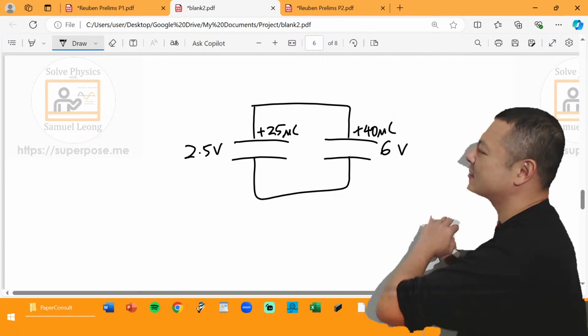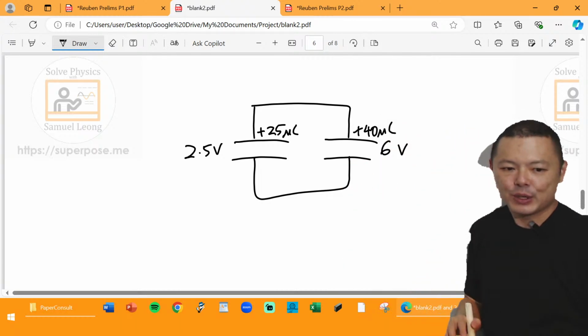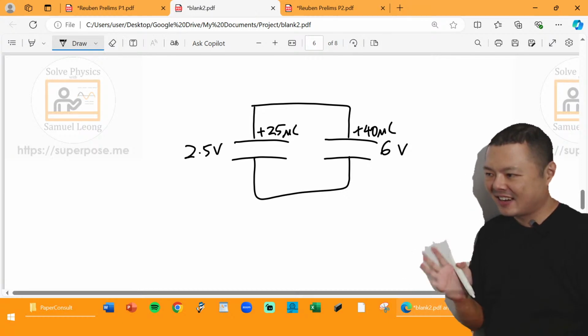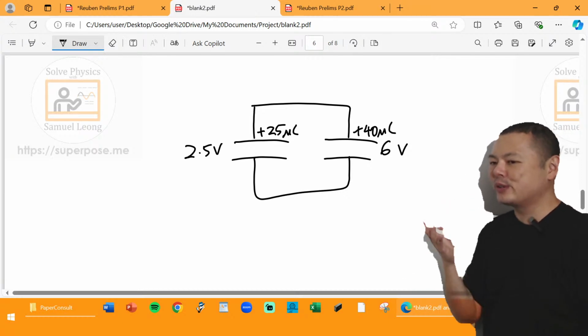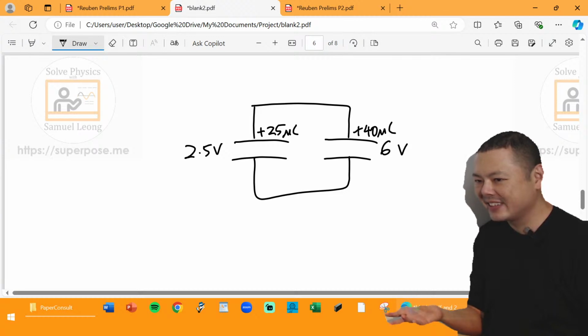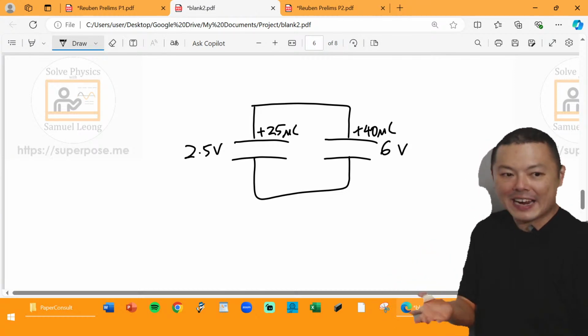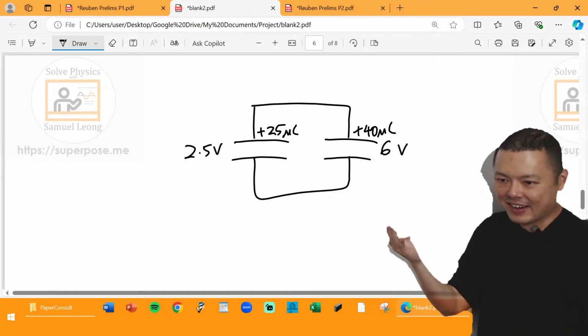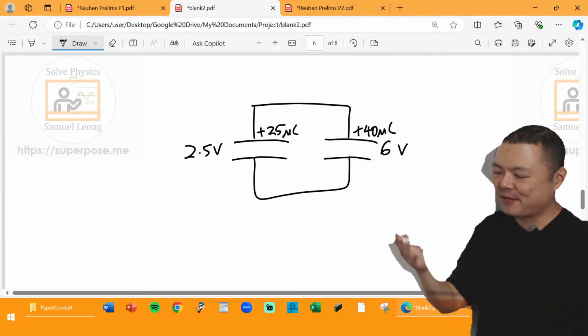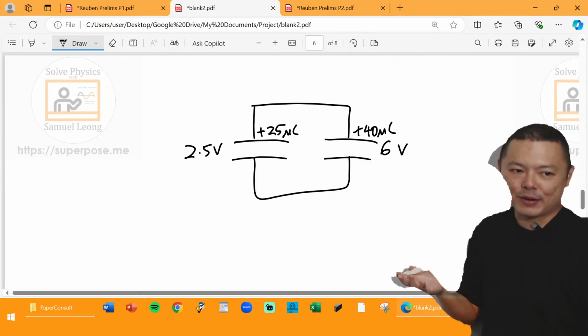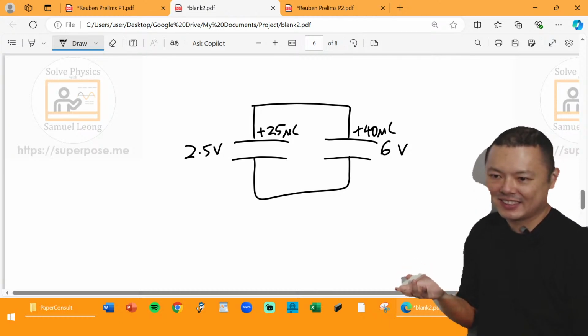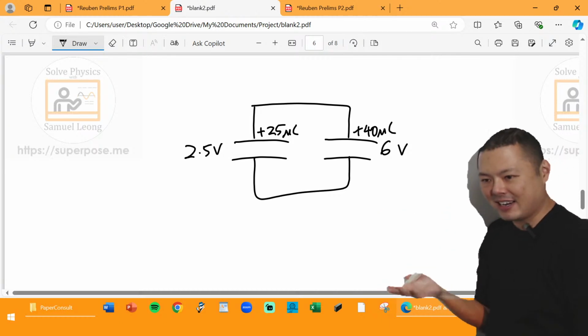Just random numbers like this. So you see this, correct? What is the total charge on the top plates? 65. So in your final state, they should have 65 microcoulombs of charge, so you use that to calculate.